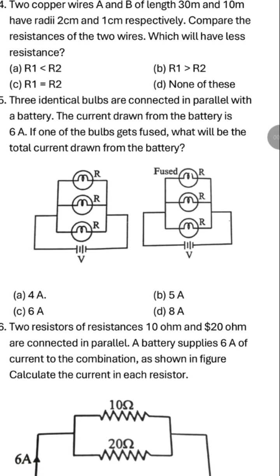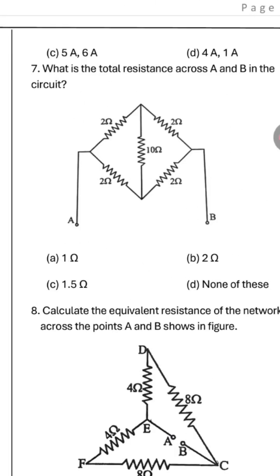Now let's move to question number 7. Definitely it is the Wheatstone bridge case where upper arm, that is 2 by 2, equal to lower arm 2 by 2.